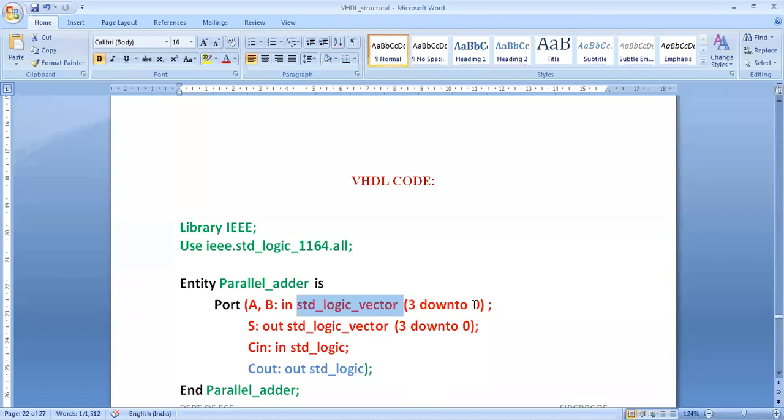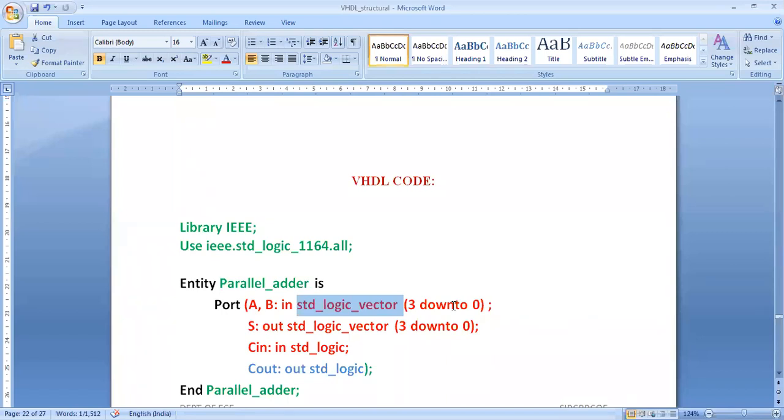Suppose you write 0 to 3, which means that A0 is the MSB bit and A3 is the LSB bit. In which case, you take it in reverse order, 0 to 3. But usually in practice, we take A3 as the MSB and A0 as the LSB. So in usual general practice, that's why 3 down to 0. Take 3 down to 0.